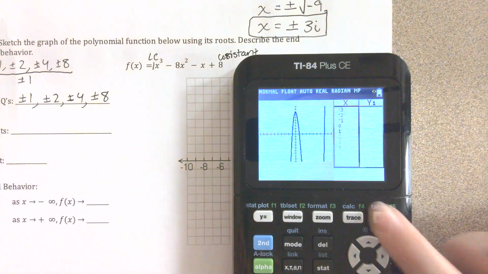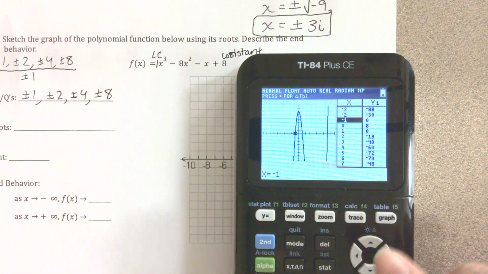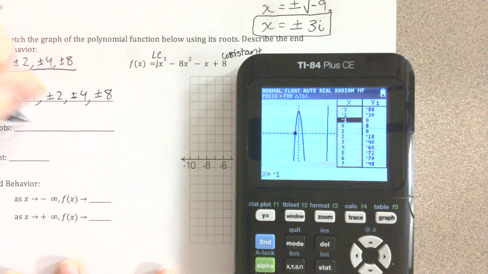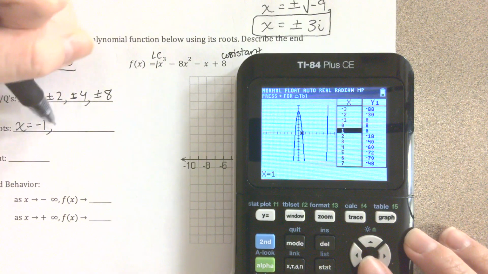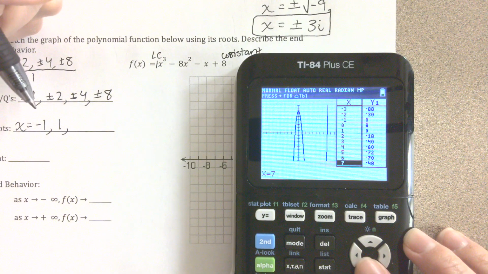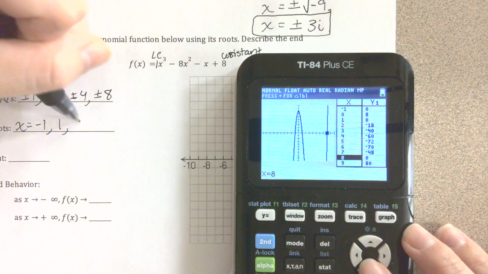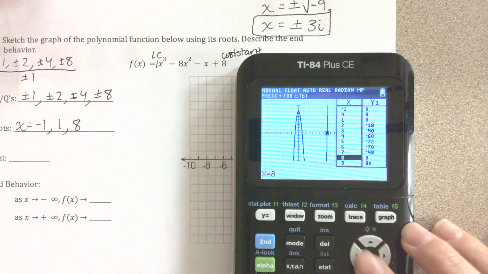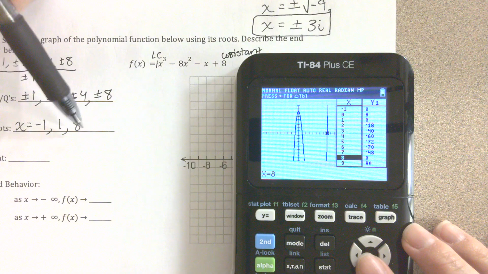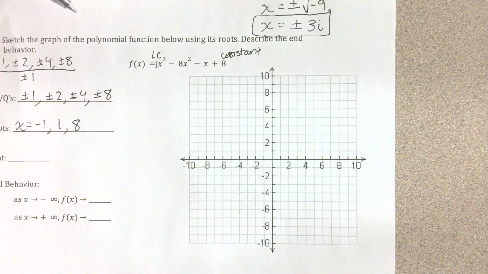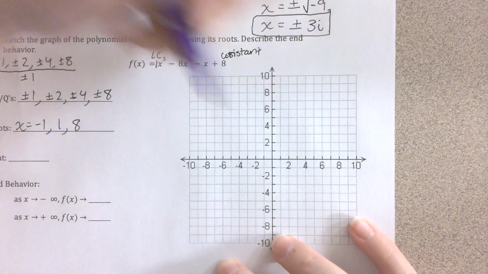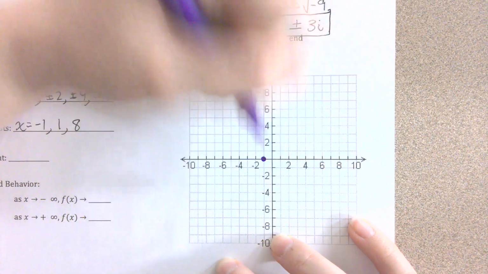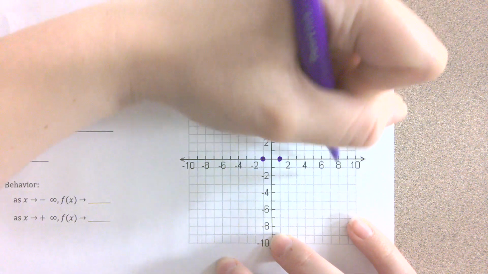So we have second table. -1 is a 0. 1 and 8. And there are 3 zeros total, so we have all 3 of them. All right, let's plot those points. We have -1, +1, and 8.